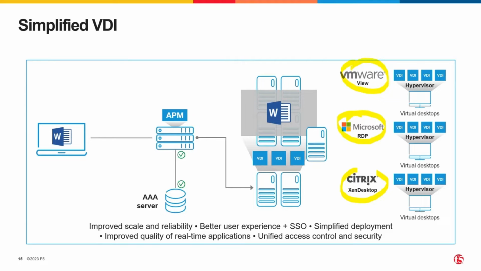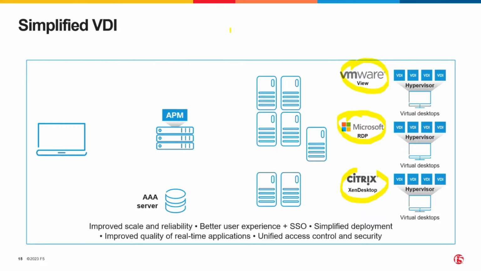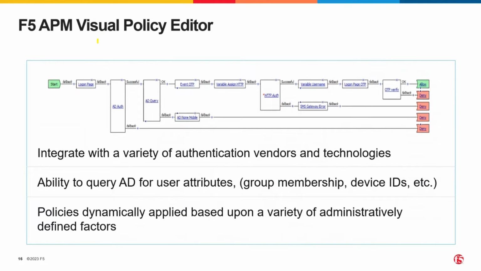So if we are talking about VMware View or Citrix XenDesktop and so on, we can optimize the traffic. So the user experience when using those virtual desktops is even better, right? What we can achieve with APM as well is that we can authenticate the traffic, so it's even more secure as well. So that's simplified VDI.